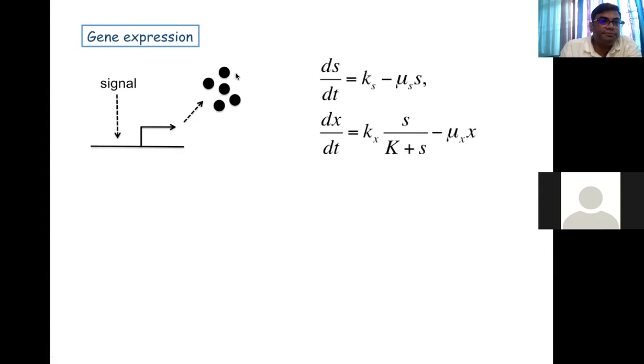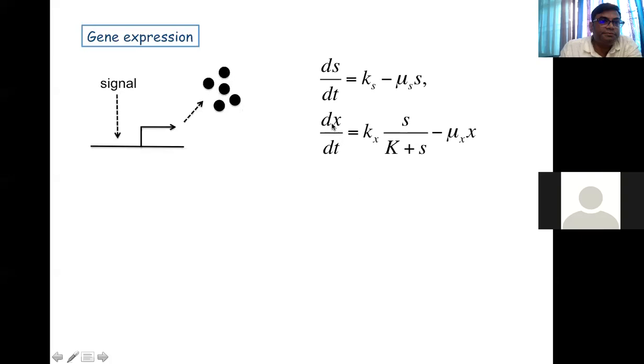And so we can write the rate equation of the signal, ds dt equals ks minus mu s s, which is, for the students, don't get confused with these s and x. I will keep on changing them. They are just dummy variables. So now we have this ds dt, ks minus mu s s, which is basically the synthesis and degradation of my signaling molecules, and x is my gene product, these black circles.